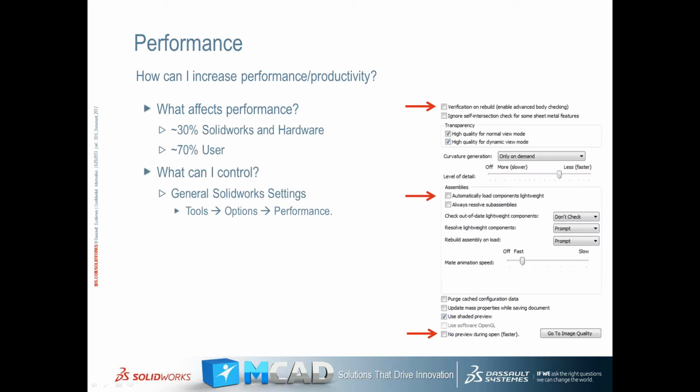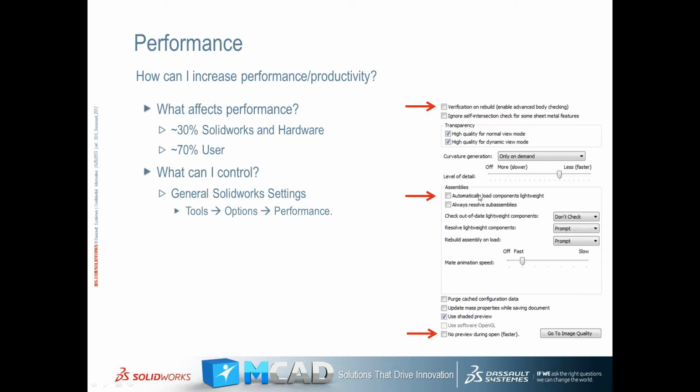It allows it to see if there's any issues with surfaces or edges. And actually, I need to hide that poll there. There we go. Sorry about that, guys. So again, just like you guys said, about 30% of you responded with SolidWorks and hardware, and 70% said user control.